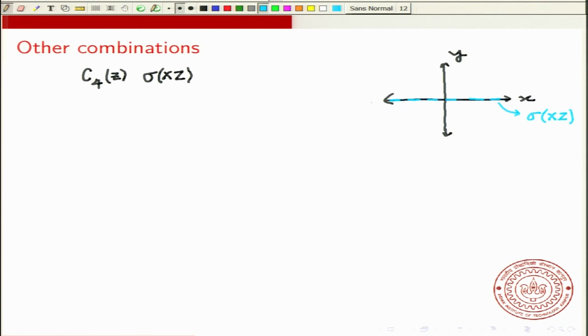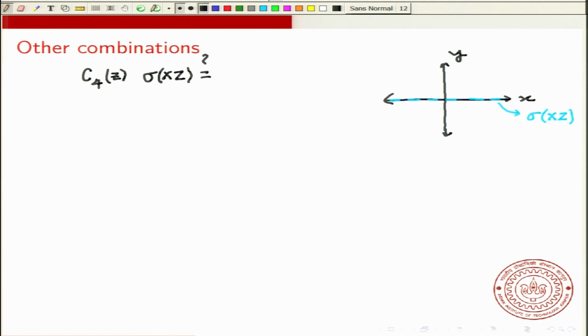That means it is a mirror that is along the x axis and it is coming perpendicular to the plane of the paper. So, this is your sigma xz. Now, what I am doing is a succession of two operations. I am operating by sigma xz first and then operating by C4. Now, what do you get?